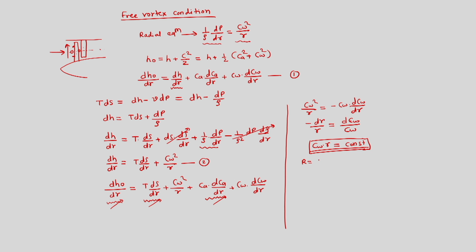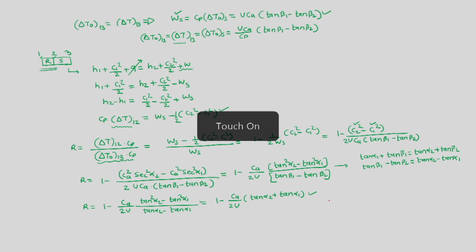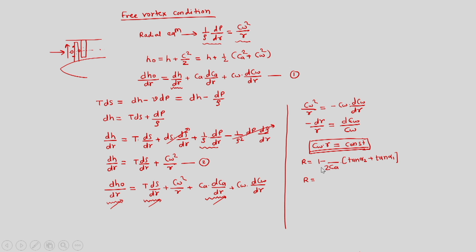So R is equal to 1 minus Ca by 2u into tan alpha 1 plus tan alpha 2. If we see the velocity triangle, Ca tan alpha 1 would be Cw1. So R is equal to 1 minus 1 upon 2u into Cw1 plus Cw2.